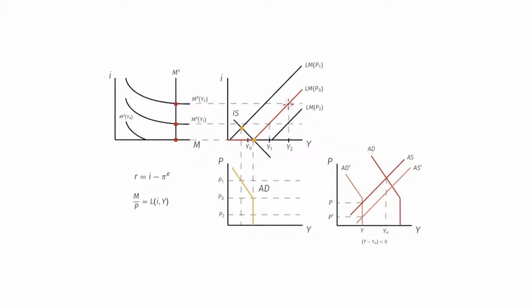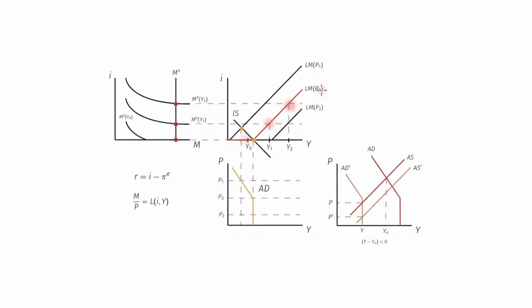For Y1 we have this point, and for Y0, given this lower boundary at 0, we have this point.